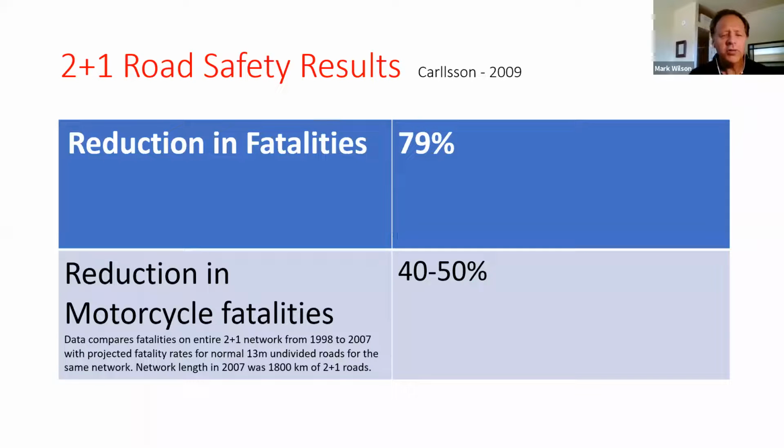Before looking at the 2+1 road design, I just want to talk a little bit about some of the results of these roads. This slide is from a study referenced in my report, which compared Sweden's rural highways before and after 2+1 conversion. The application of 2+1 roads resulted in a 79% decrease in fatal crashes for vehicles and an estimated 40 to 50% reduction in fatalities for motorcycles.